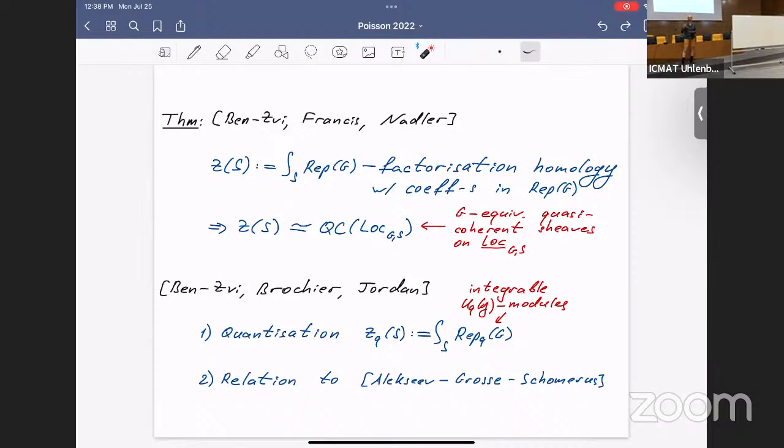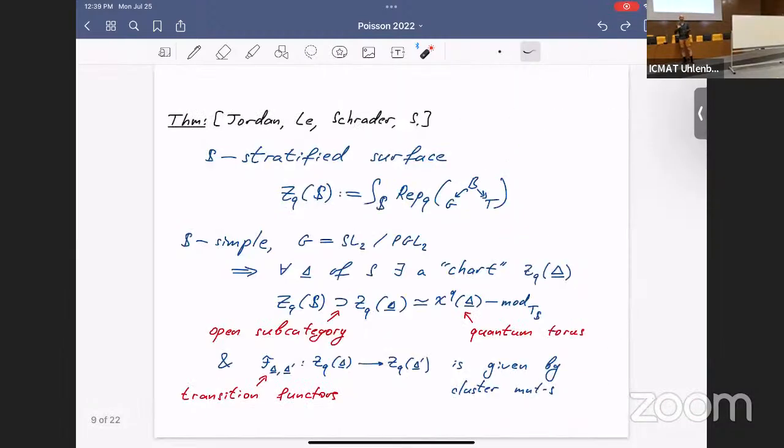Being equivalent to a category of modules over an algebra is the same as being a category of quasi-coherent sheaves on a quotient, which is only equivalent to a category of modules over some algebra if the action of the group was free, right? And in that case, this algebra whose modules you take is isomorphic to the Alekseev-Grosse-Schomerus algebra, so a direct quantization of Fock-Rosly structure.